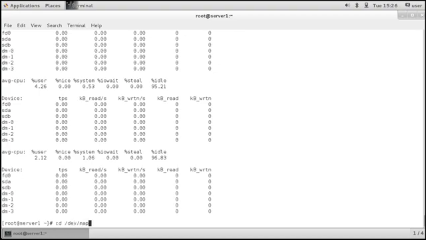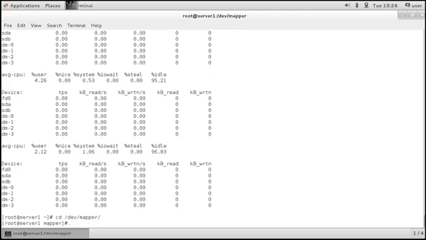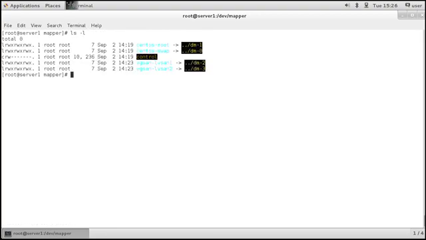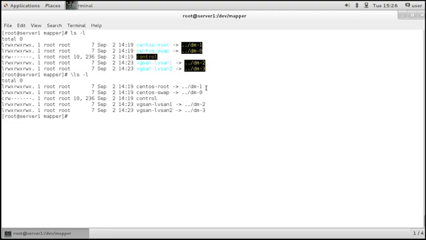As it is a device mapper device, I can find out by going to the /dev/mapper directory. I do an ls -l here, and what we can see is that, ooh, that's unreadable. Let's do it this way. dm-1 is centos-root. It's my root volume. So that's pretty obvious that it's busy.